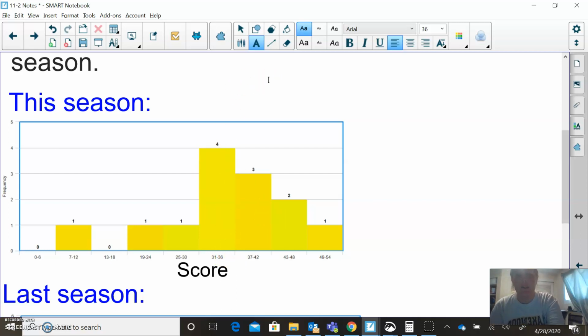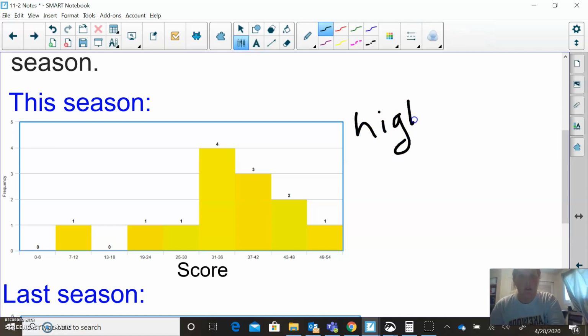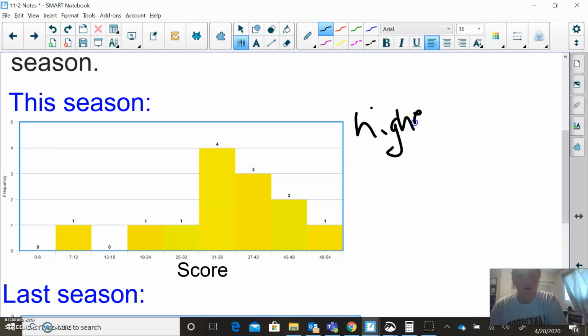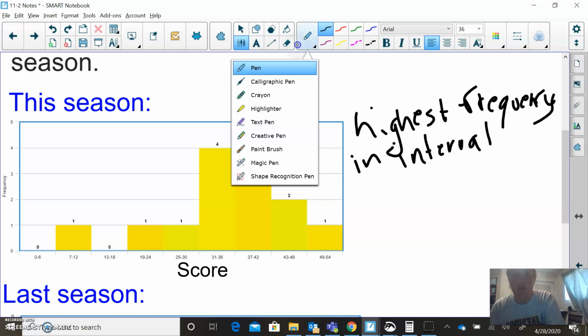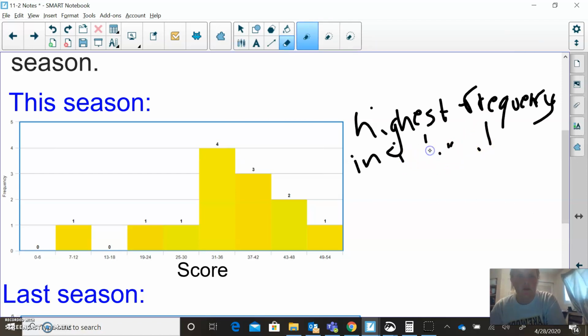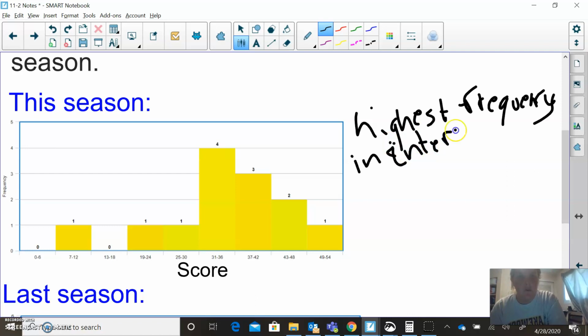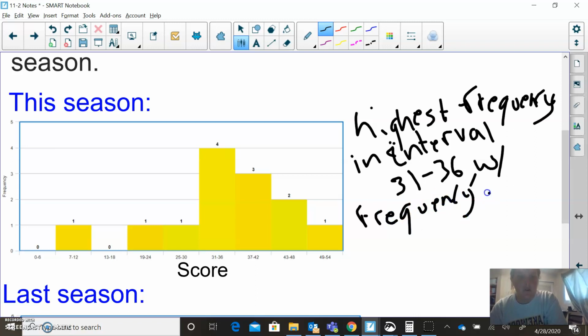So, our highest frequency for this season was in the interval 31 through 36 with a frequency of 4.